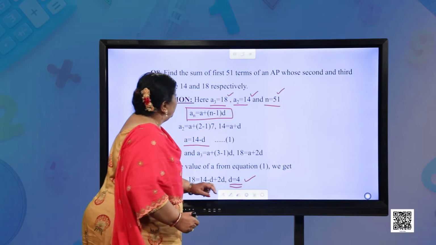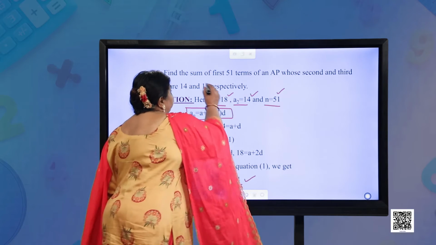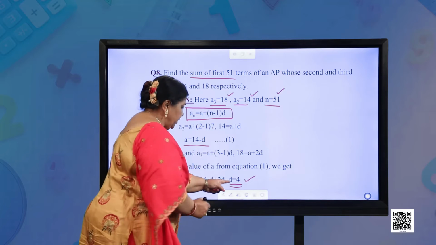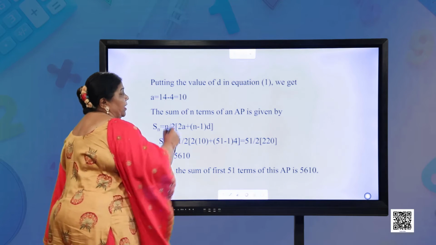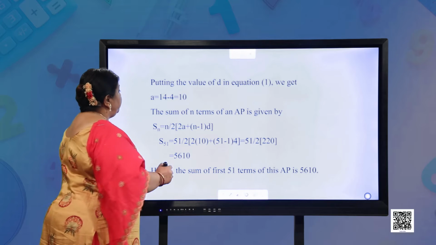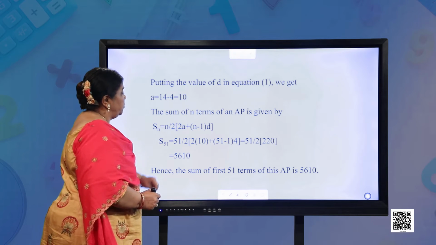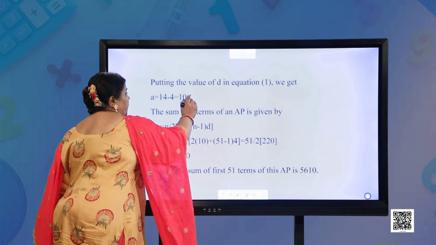So, we have to find the sum of 51 terms. After finding D is equal to 4, putting the value of D in equation 1, we get A is equal to 14 minus 4, that is equal to 10.